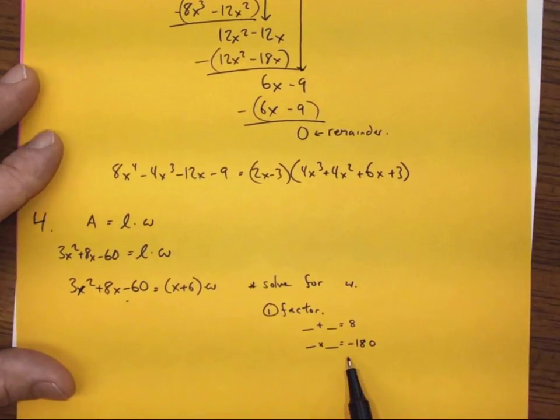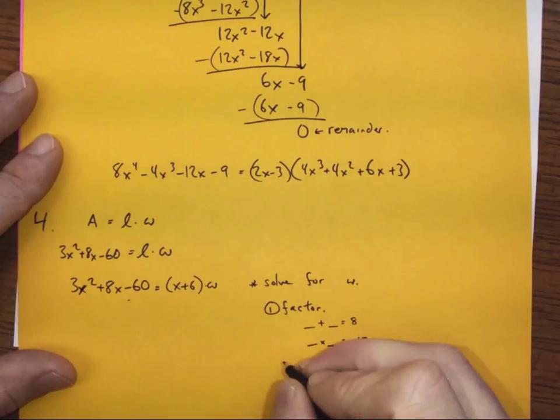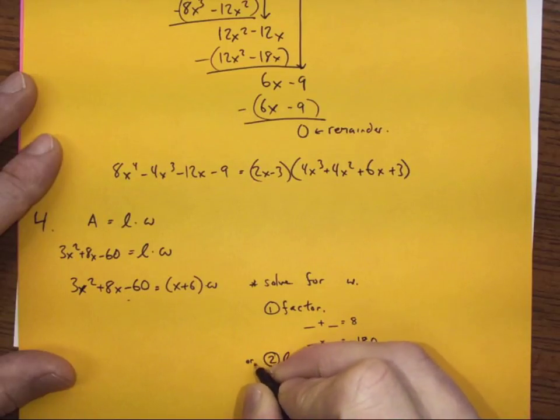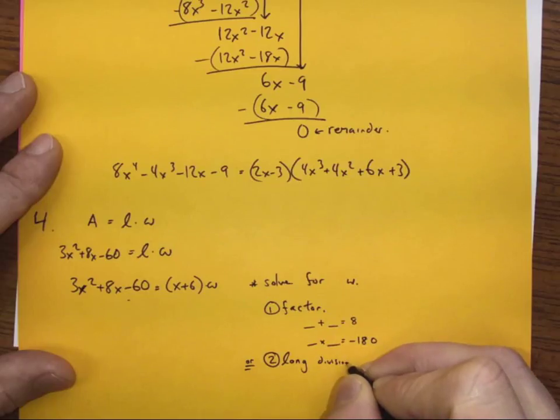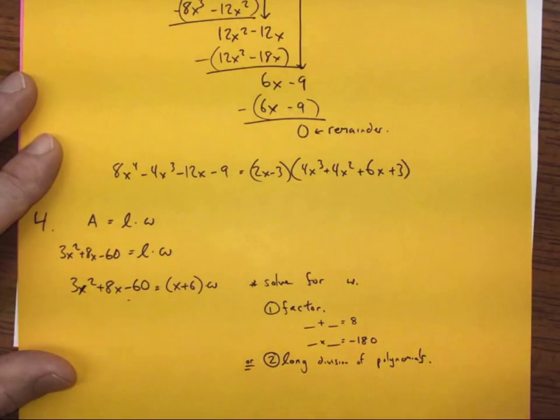And I know negative 180 has a lot of factors. Oh, incidentally, I think I might have figured out what those two numbers are in this case, but let's pretend I didn't. So I could also use long division of polynomials. And that's what we're going to do here.